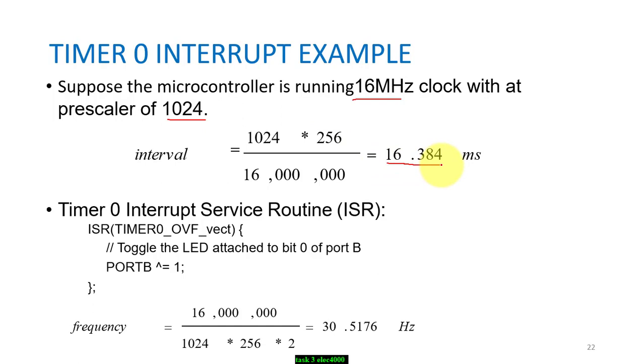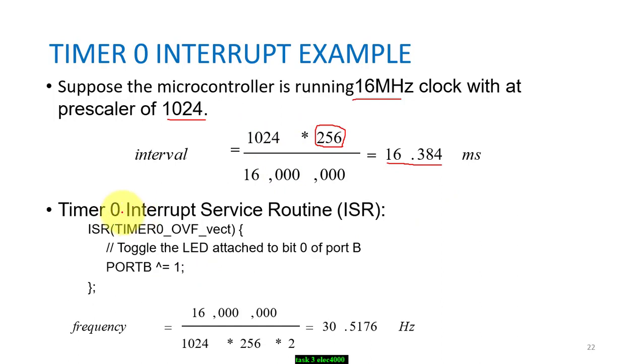This means this timer will count from 0 up to 256, my maximum count, in 16.384 milliseconds, because 1 over frequency is time, so we get this part.